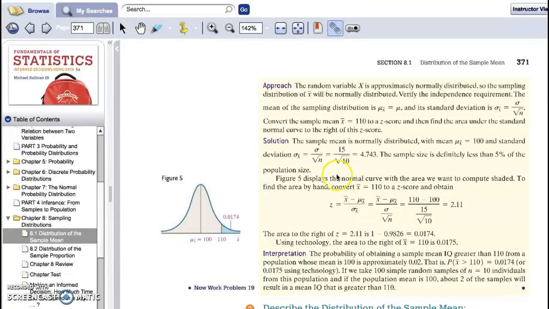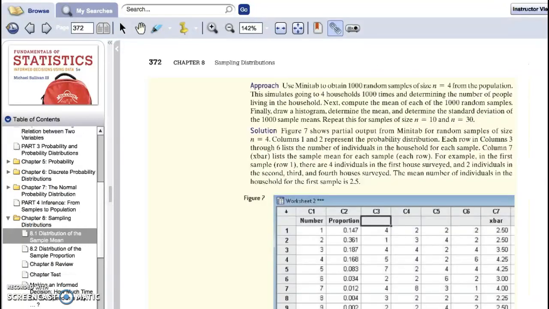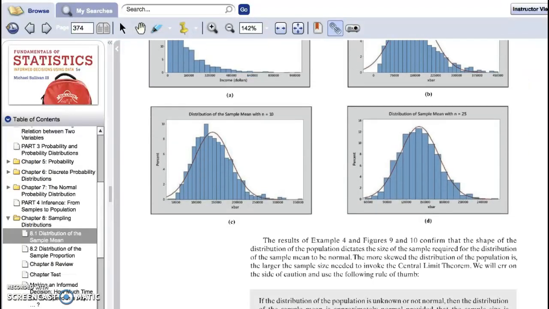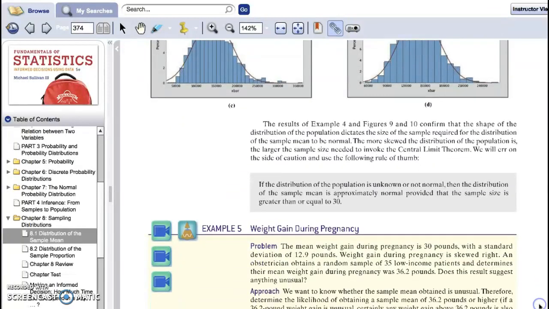So really, when you're reading through these solutions, you have to do the standard deviation calculation. It's really in the last step that you're going to diverge. So in particular, I want you to pay attention to example 5. Example 5, you've got several videos. Make sure you're watching the explanation and then the StatCrunch part. Make sure you can reproduce the answers that they get by hand in the book using StatCrunch.